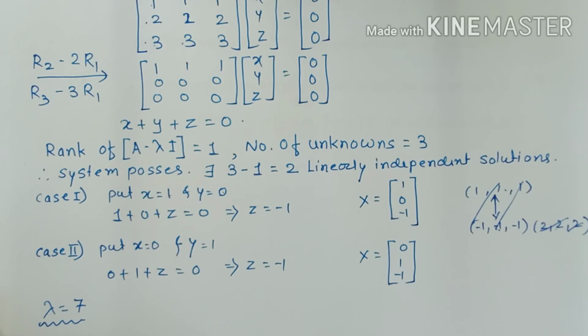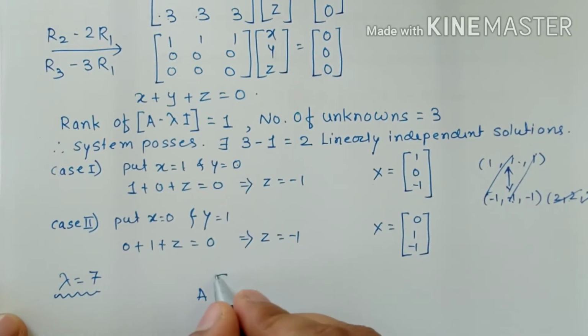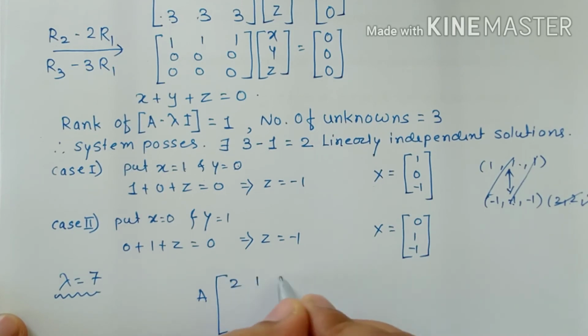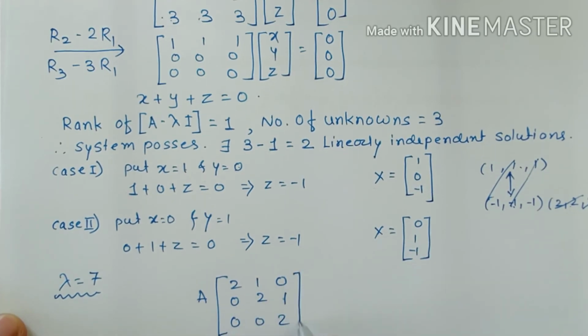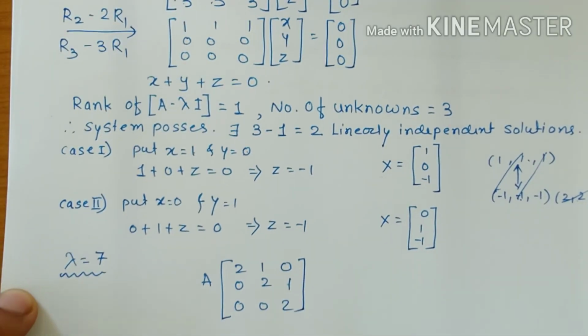Now one more example I would like to give you as homework. Suppose your matrix is 2 1 0, 0 2 1, 0 0 2, and if someone asks what are the eigenvalues of this matrix, are you going to calculate the characteristic equation and then its roots?